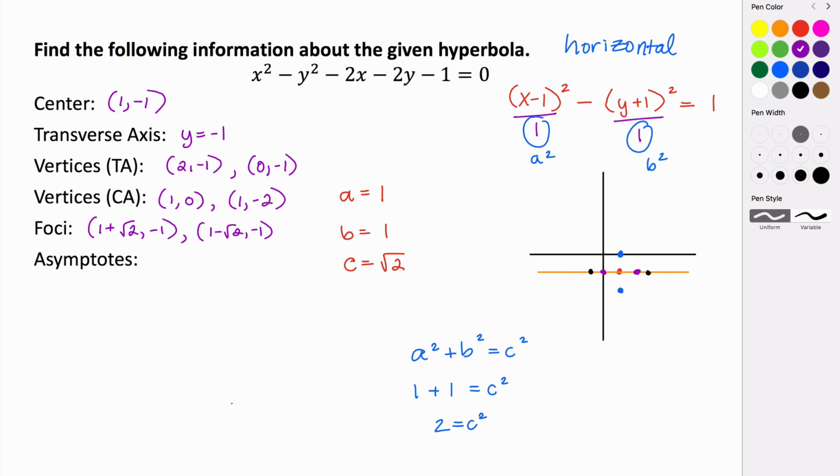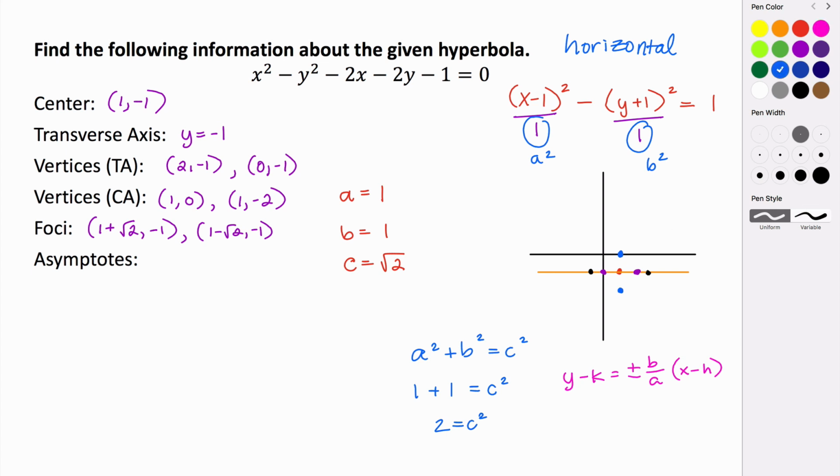Now, because this is a horizontal hyperbola, the equations for the asymptotes are y minus k equals plus or minus the b value divided by the a value times the quantity x minus h. We can substitute in these values that we know, where k is the y coordinate of the center, h is the x coordinate of the center, and b and a are the values that we get from here.